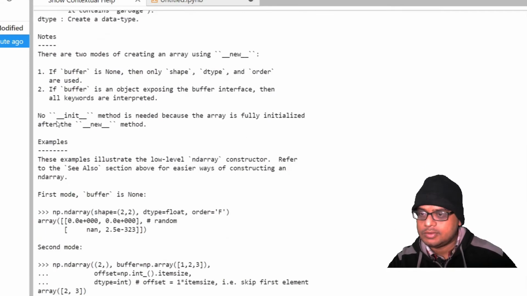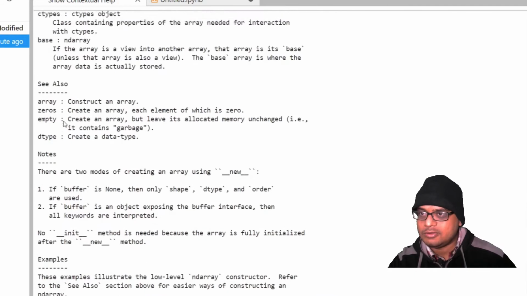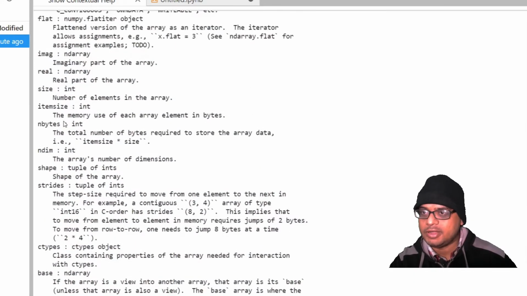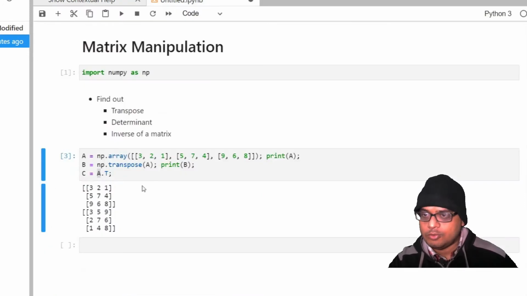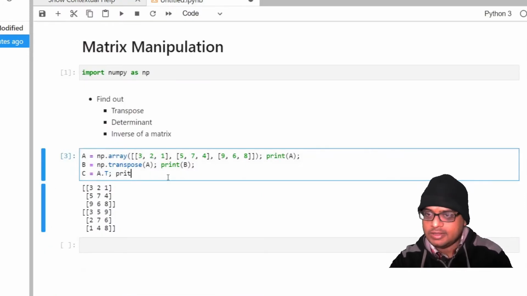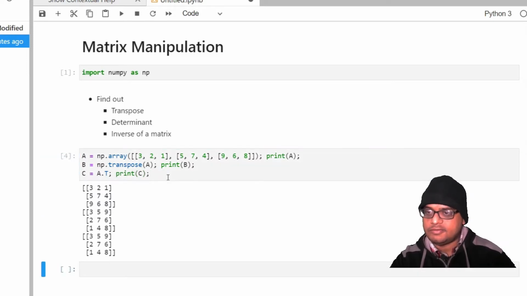So apart from these attributes, it also has that method of finding the transpose. Let me in fact print C to convince you that C is in fact the transpose of A.